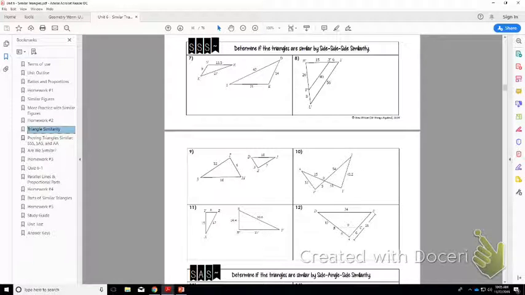So if we take a look at 7, for example, what did they do to that little triangle? We know we made him bigger, but did they flip it? Did they rotate it? What did they do? They rotated it.